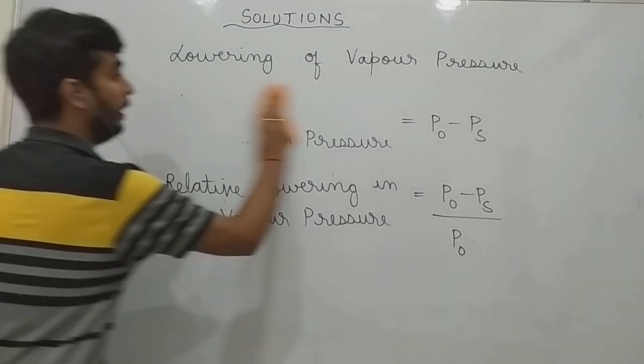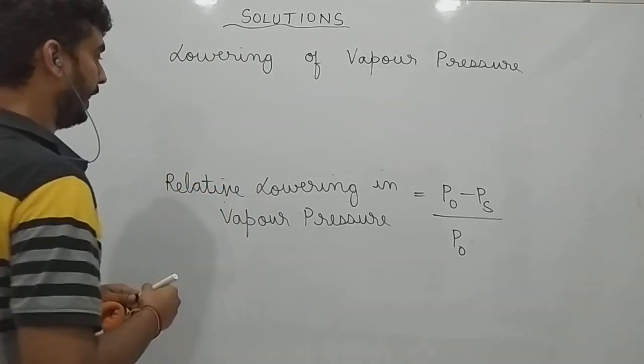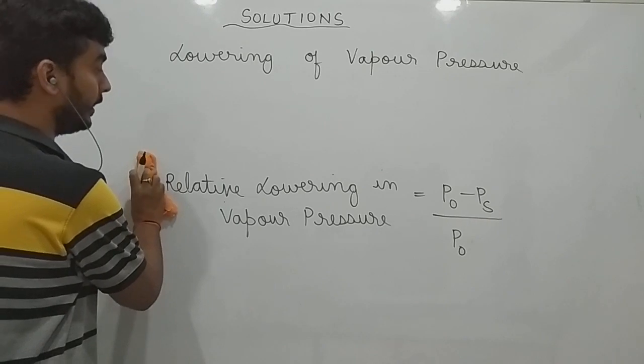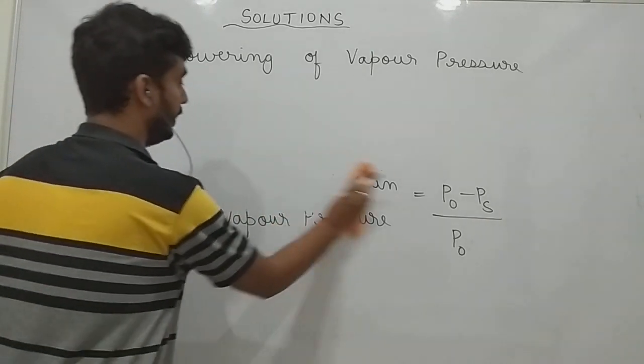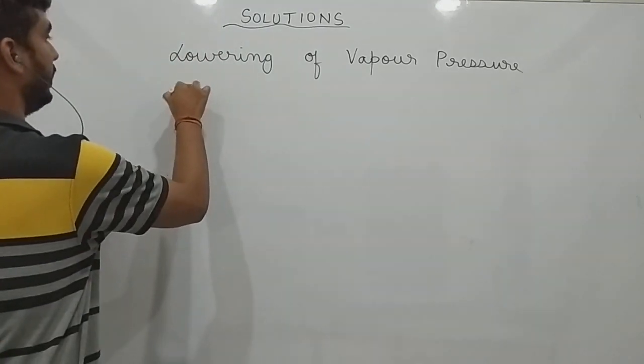So, let me write the formula which you will be using to calculate relative lowering or reduction in vapor pressure. Relative lowering in vapor pressure will be equal to what?